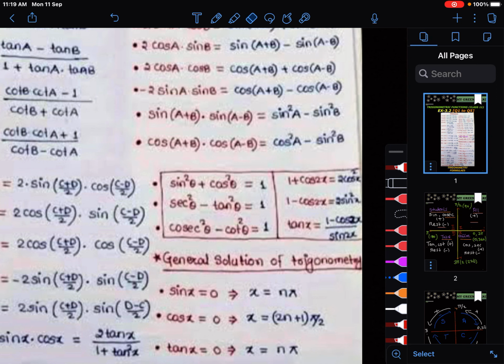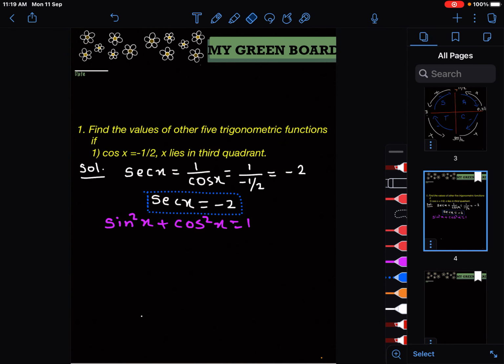Now from this we will get sin square x equal to 1 minus cos square x. Now 1 minus, we have cos x as minus 1 by 2, so this will be minus 1 by 2 the whole square.